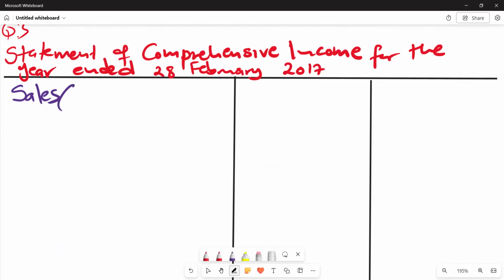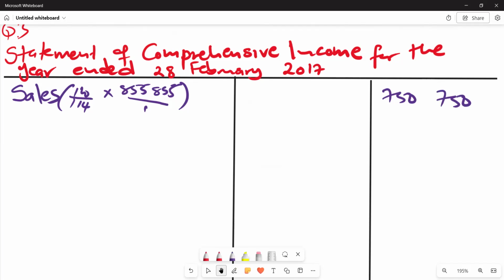We said 100 over 114, in brackets, and then we multiply by 855,855. This is exactly the calculation that we did, and the figure that we got there is 750,750.